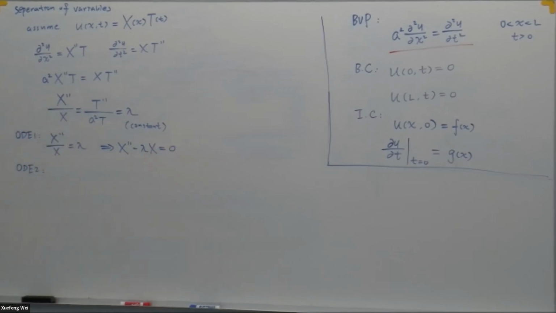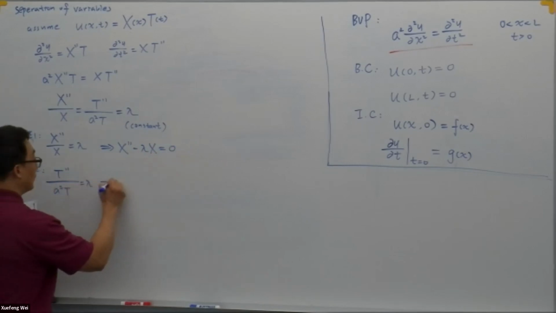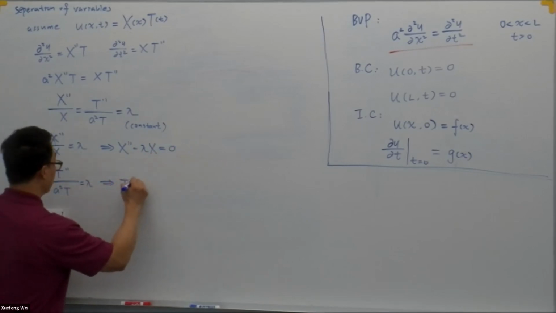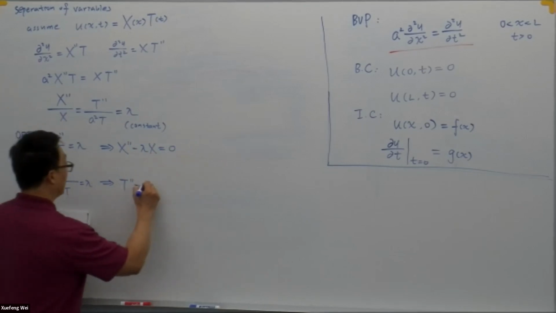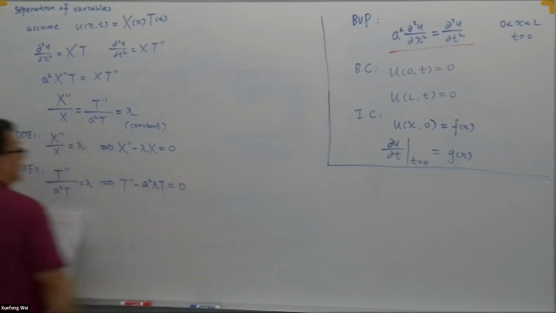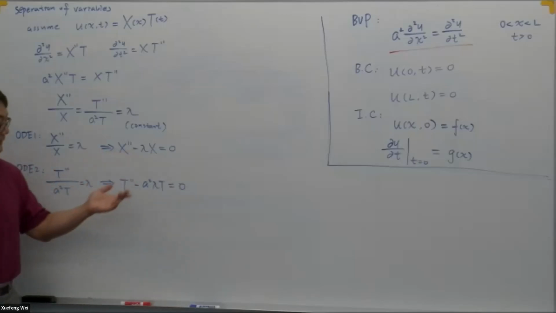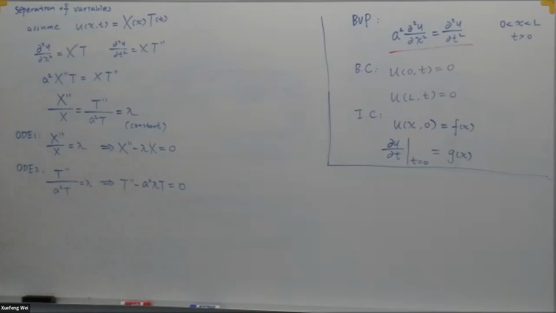And ODE 2 is T double prime over a squared T equal to lambda, which is just T double prime minus a squared lambda T equal to 0. I'm going to start with ODE 1 because it's a little simpler, but ODE 1 and ODE 2 are essentially the same. It's just that this one has a coefficient.